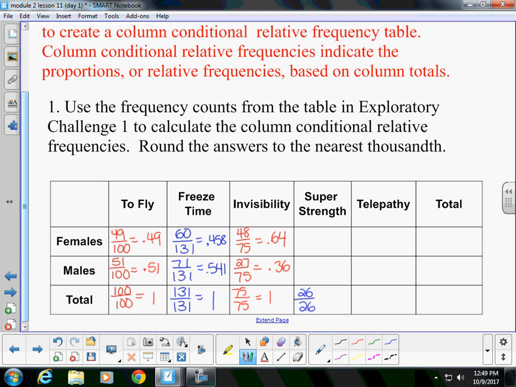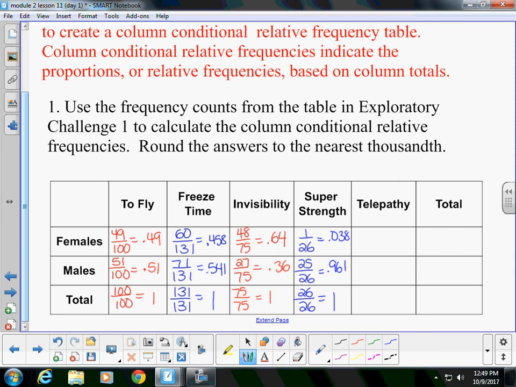Super strength was 26. So you'd be dividing this whole column by 26. And there was 1 female and 25 males. So this was 0.038 and 0.961.